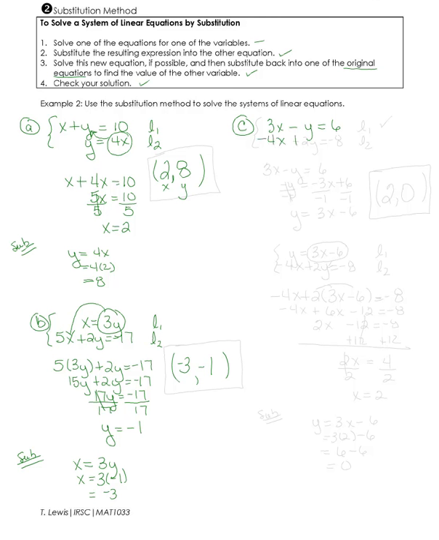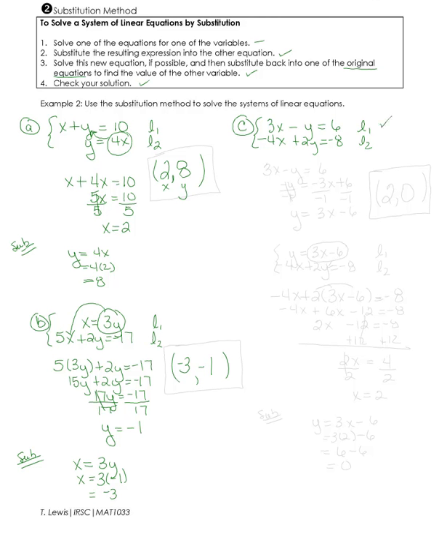Now, with examples A and B, we had equations where the variable is by itself on one side. But for example C, we don't have that. So if we don't have that, using the substitution method, look for a variable whose coefficient is 1. You notice in the first equation, the variable y has a coefficient of negative 1, but we can change that.